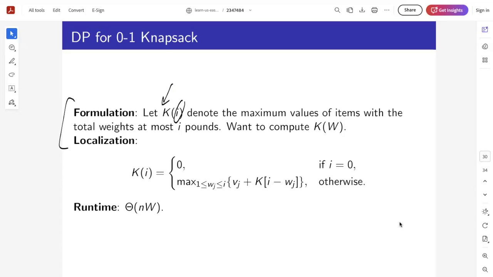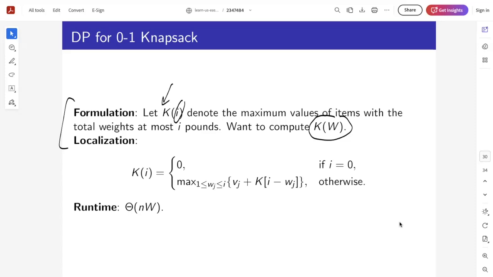K of I denotes the maximum value of items with the total weight at most I pounds. I is the capacity, and since the knapsack can hold up to capital W pounds, what we end up computing is K of W.